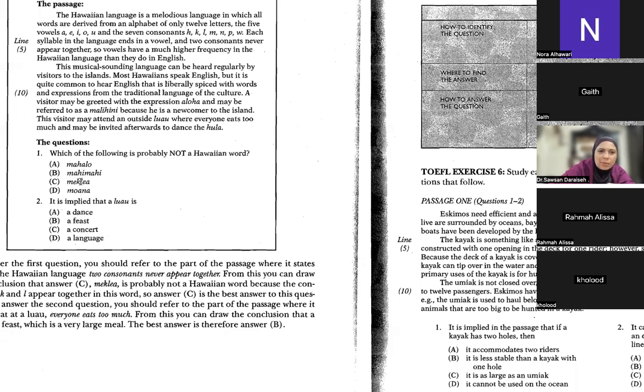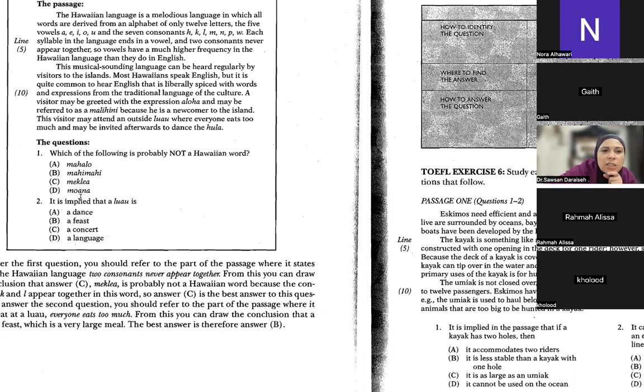But here, do we have a syllable that ends with a vowel? The conditions to call it a Hawaiian word are that you have to end your syllable with a vowel, and that two consonants never appear together. Look here, we have two consonants, K and L, together. So this broke the rule, right, Dr. Ghaith?